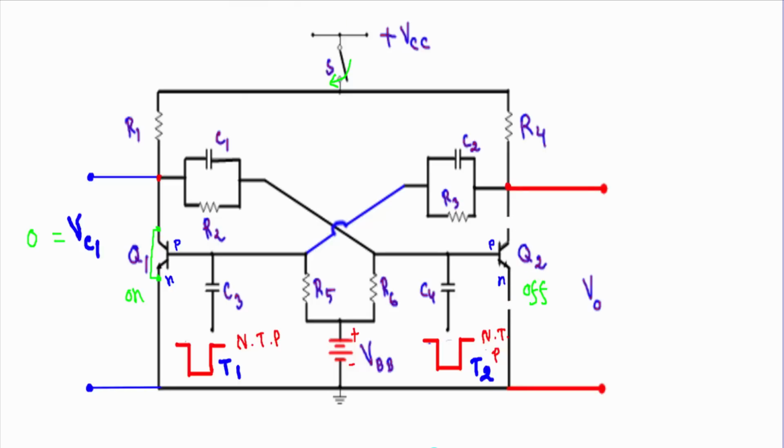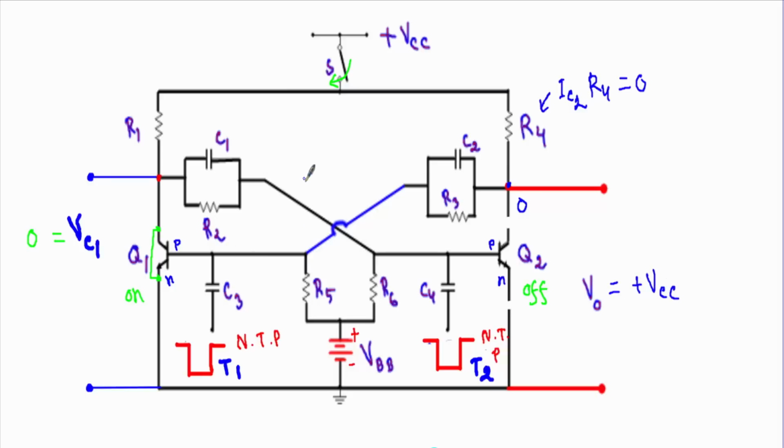As they are disconnected, the collector current in this circuit will be equal to 0. Therefore the voltage drop across R4, IC2 times R4, will be equal to 0. That means the applied plus VCC will appear across this terminal and this terminal, and our output voltage will be equal to plus VCC.